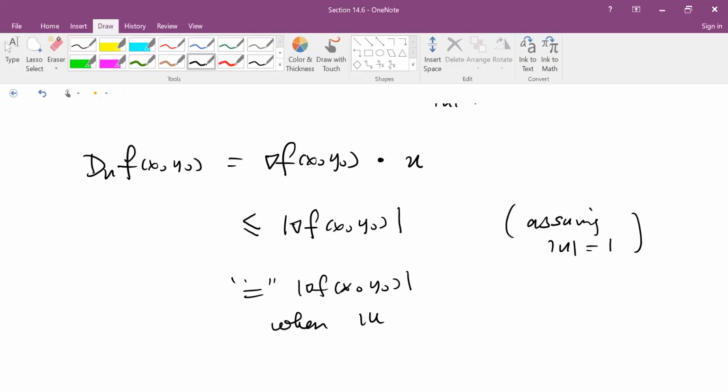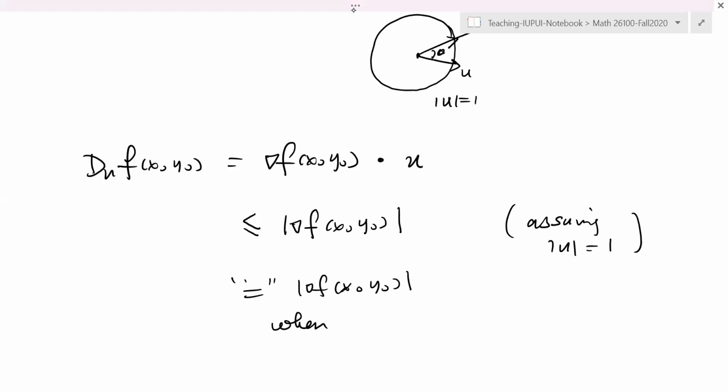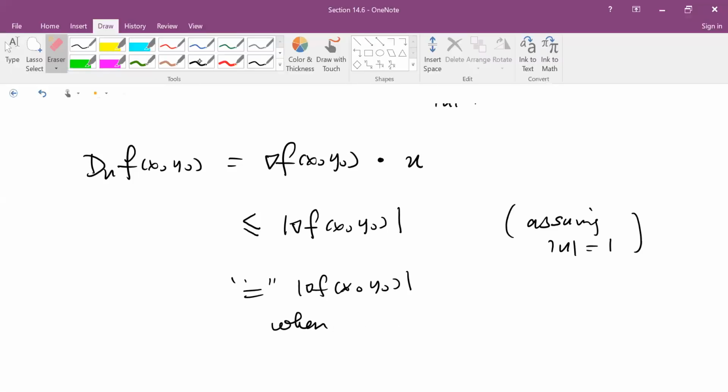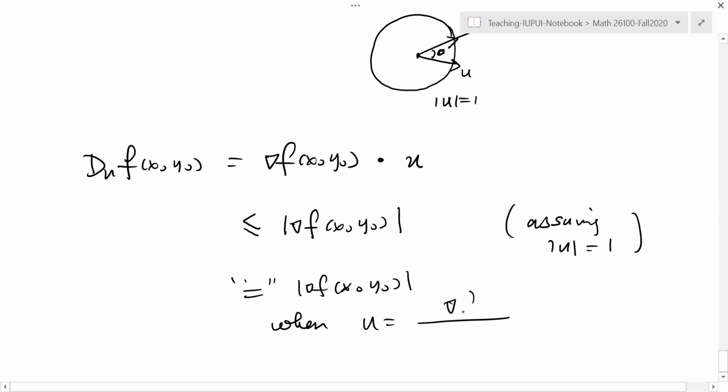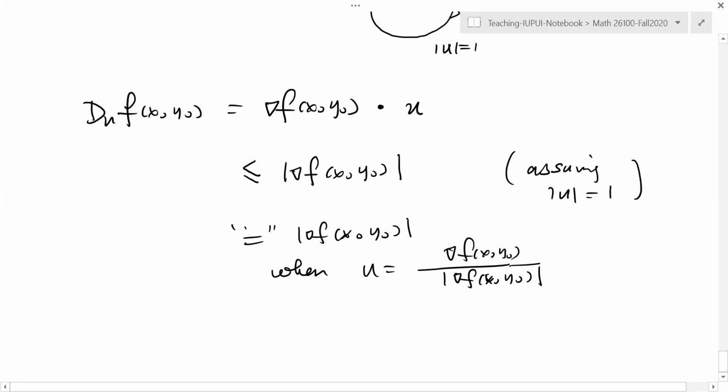So how can I say that u has the same direction as the gradient? When u equals the gradient, you normalize it. So that's a unit vector. It must be a unit vector, right? That's the idea.